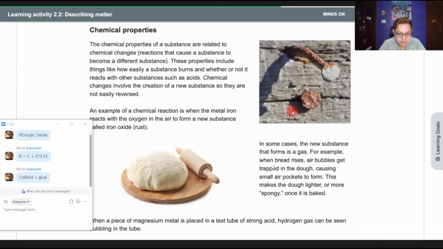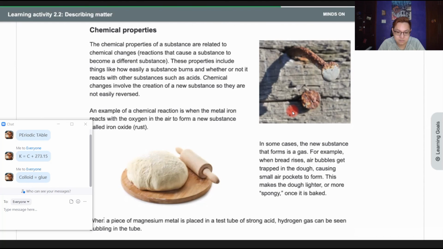For example, when bread rises, air bubbles get trapped in the dough, causing small pockets to form. This makes the dough lighter or more spongy.